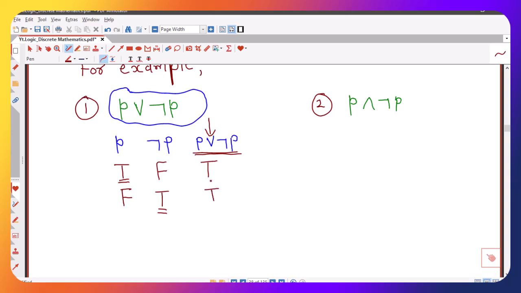Now we can observe this P or negation of P. Here both the truth values are true.